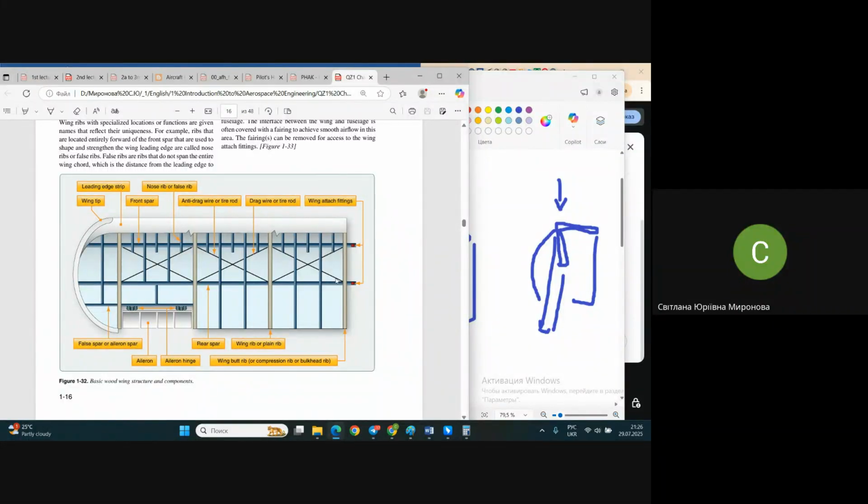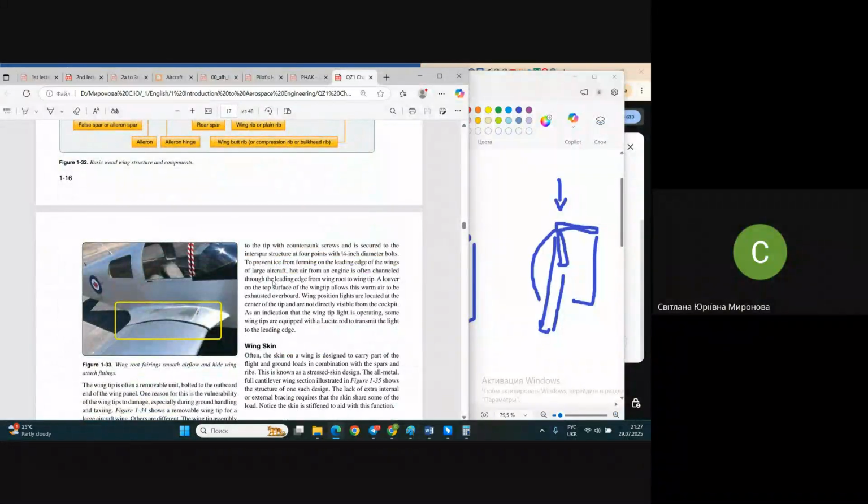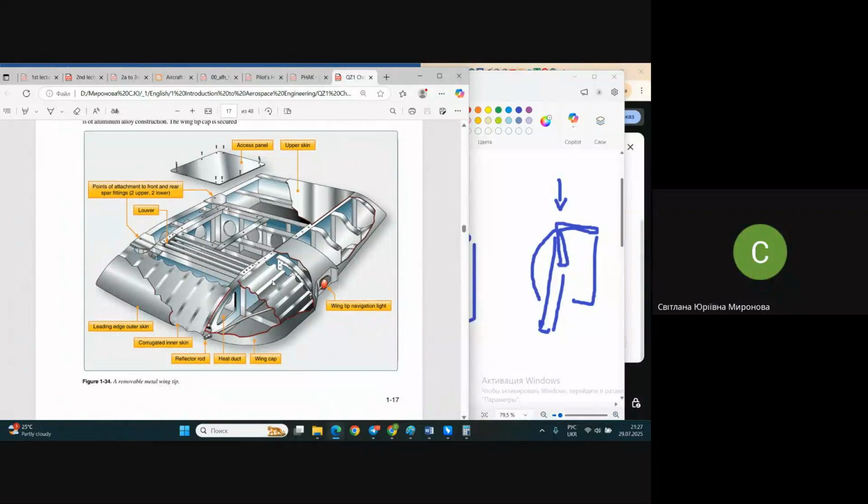Front spar, rear spar, some ribs. Ribs may also be different in massiveness, in how bulky they are, in their sizes. In case something is joined at the place where this rib is, this rib will be more massive. It's something like a frame in the fuselage and a bulkhead.